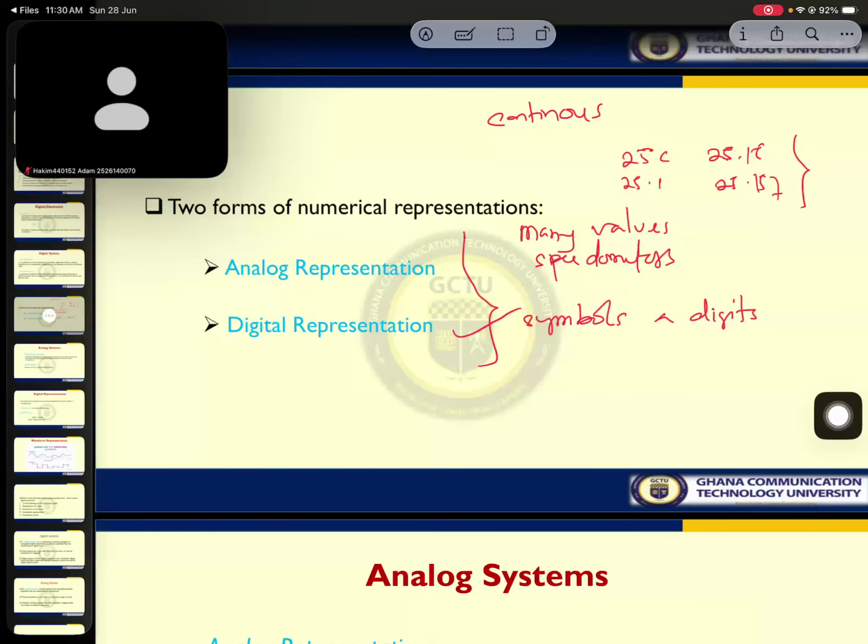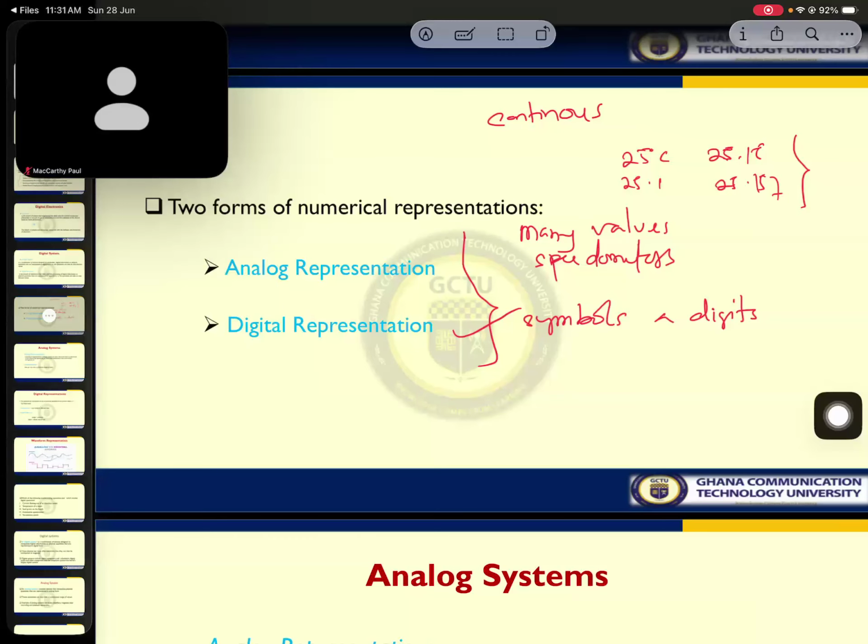The counting machine, yes, the counting machine is a digital system. What of the calculator? The calculator is a digital system. That's correct. Mobile phones are digital systems. What again? ATM. ATM machine is a digital system. You understand? Good. So this counting machine and the ATM machine, they are all digital systems.